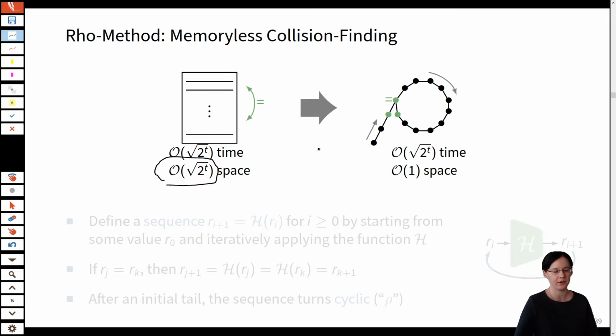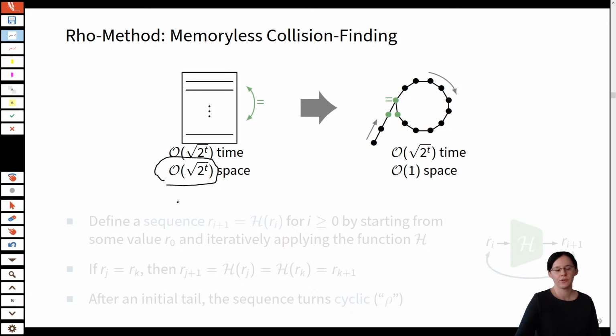Due to the birthday paradox, this is the square root of 2^t. You write them in a list, and whenever you add, you hash your next candidate, and before you add it to the list, you check whether the item already exists on the list. So whether you already have a collision. And if you find a collision, then you're done. Otherwise, you continue with the next candidate. So this is a valid method. However, it's of course very memory intensive because you need to store all your intermediate results.